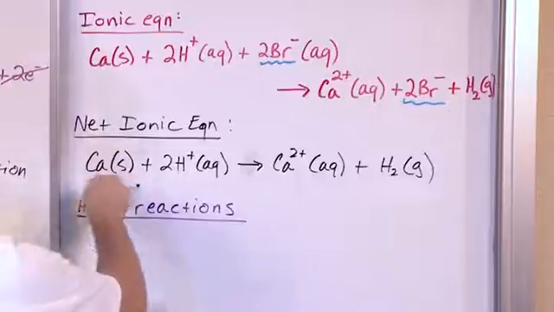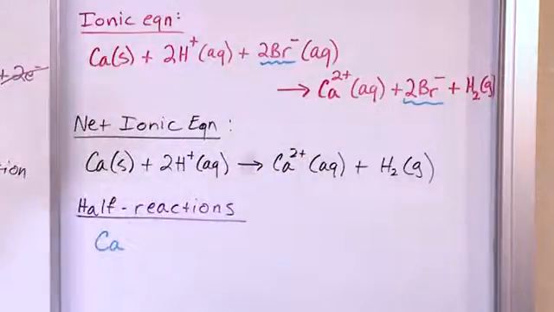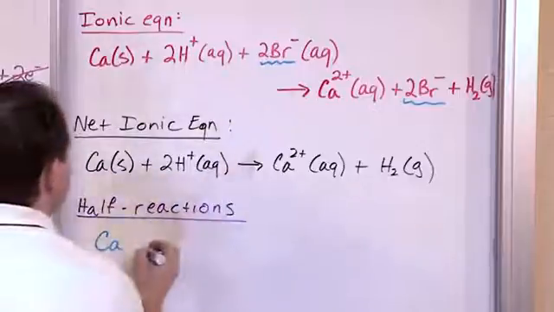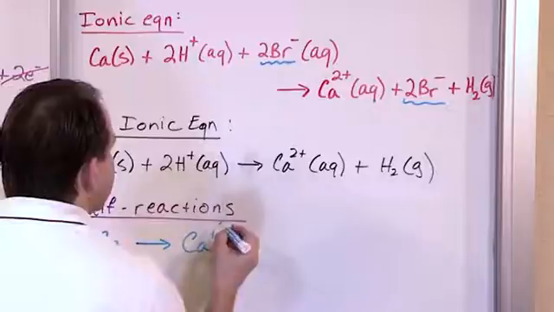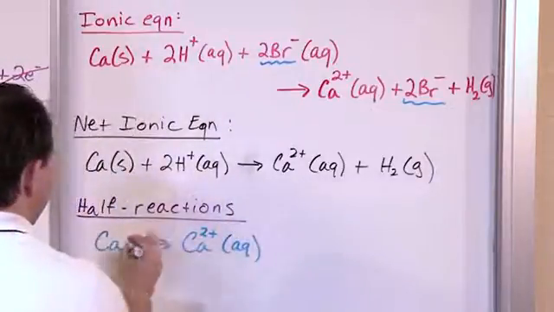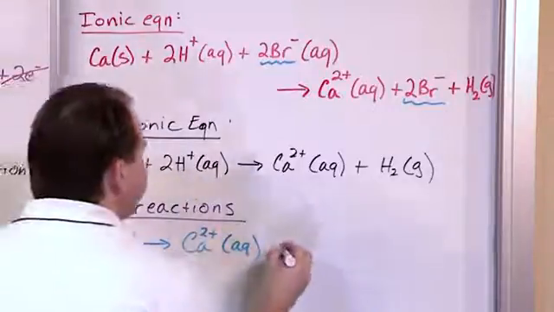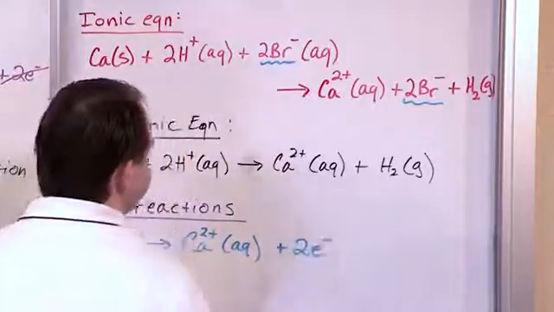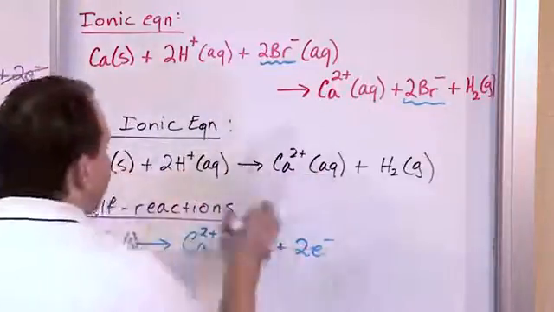Calcium is neutral, but then it has a positive charge over here. The only way that it can have a positive charge is if it loses electrons. So the calcium goes from being neutral to being an ion. Calcium's a solid. It goes to being a positive ion, but in order to do that, it has to give up 2 electrons. So I write that in the half reaction. Calcium goes to this, has to give up 2 electrons.